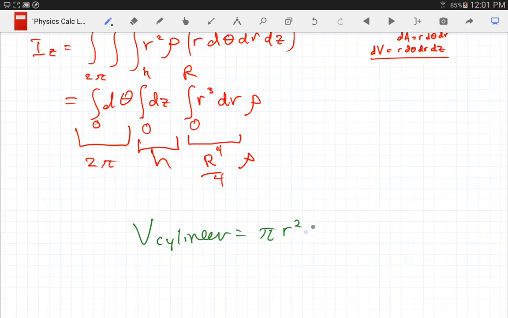It's the area of the circle, pi r squared, multiplied by the height, h. To be consistent, capital R. So since density, if it's uniform, is just mass over volume, then that's mass over pi R squared h. So I'll substitute this in.